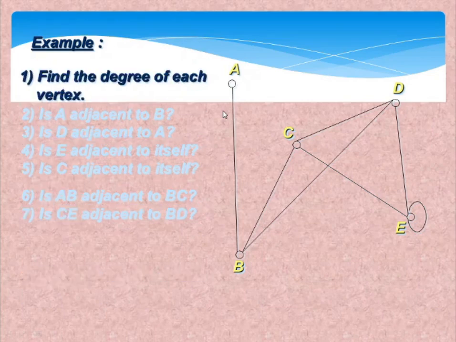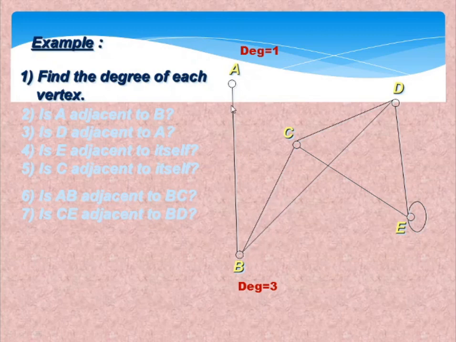Fine. Okay, so this is the example. Let's find the degree of each vertex. You know what we mean by degree of the vertex: in the previous slide we saw that it is the number of edges incident on the vertex. You can see that the vertex A has only 1 incident edge, so degree of A is 1. Similarly, degree of B is 3 because there are 3 incident edges on it.